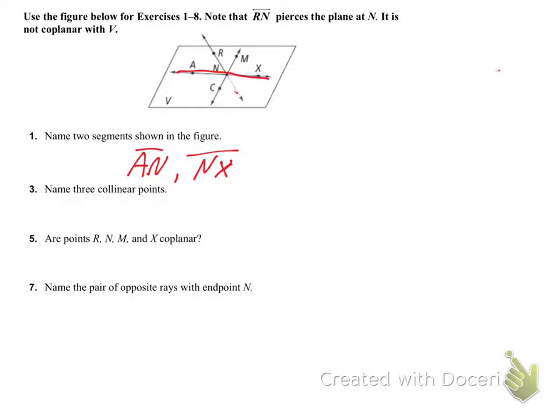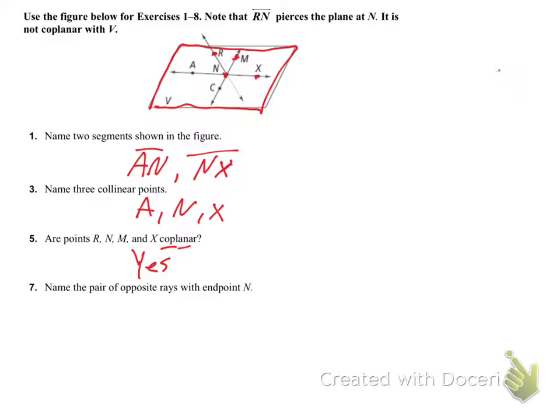So I can do point A, point N, and point X. Are points R, M, N, and X coplanar, meaning are they on the same plane? Well, this is the only plane. They're all on this one, so yes, they are coplanar.